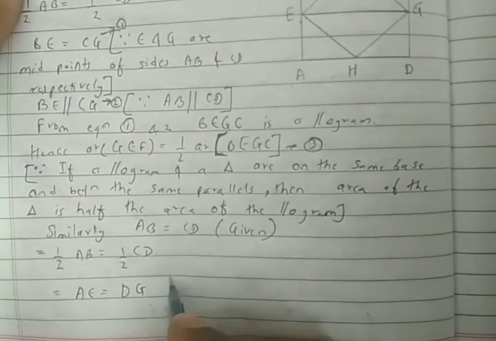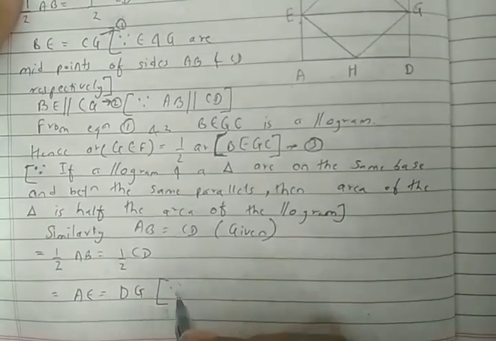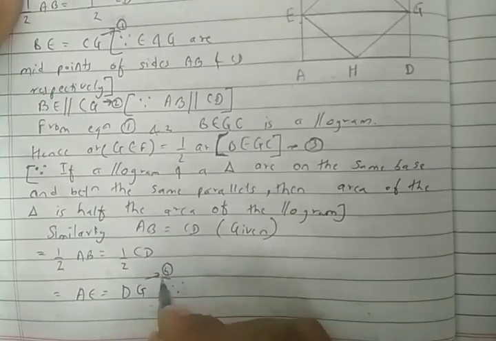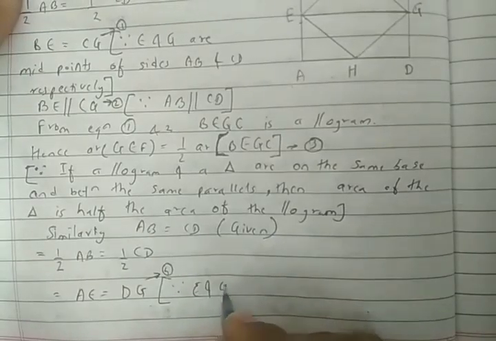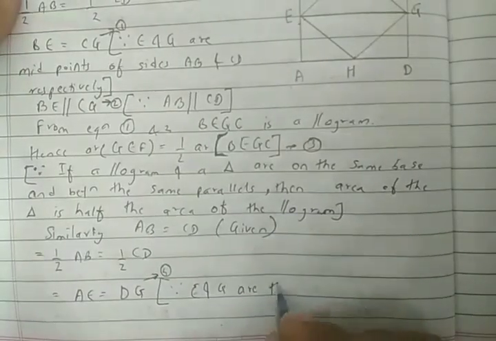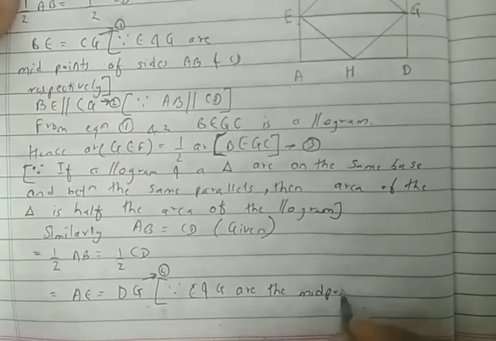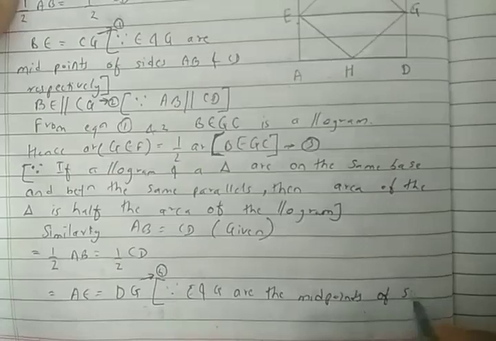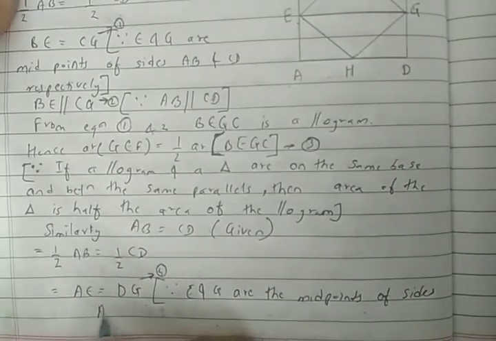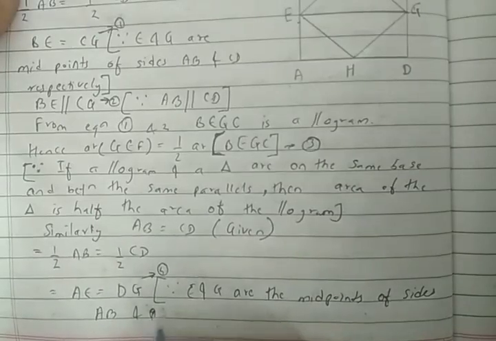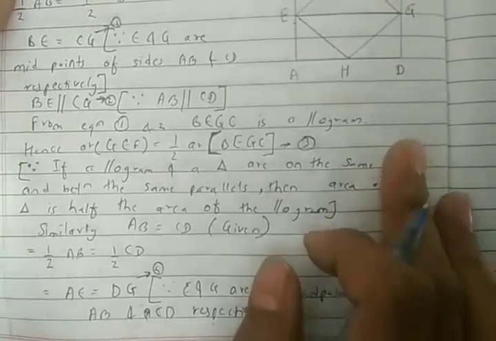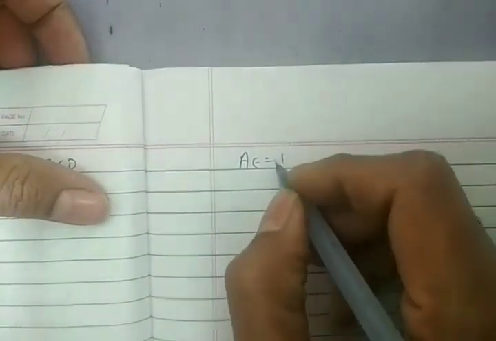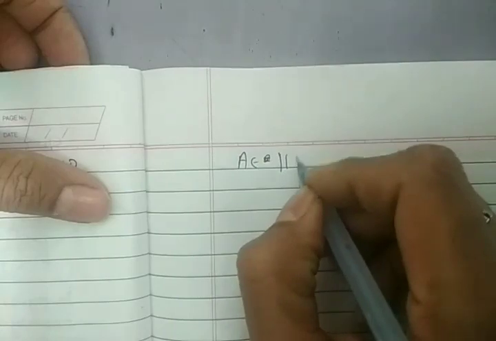Now we will write the reason for that. First of all we will name this equation as equation 4, and we will write because E and G are the midpoints of sides AB and CD respectively, and AE will be parallel to DG.